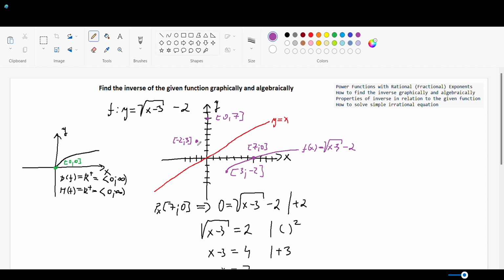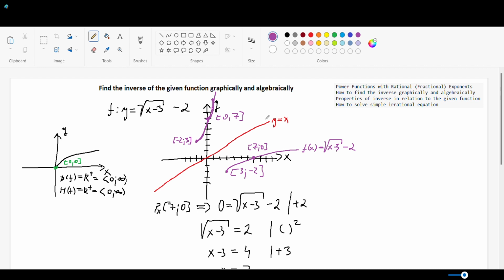Now it's easy just to, oh sorry, this is really hard to sketch, but you can imagine that this is symmetric with our given function with respect to the line defined by the equation y equals x.